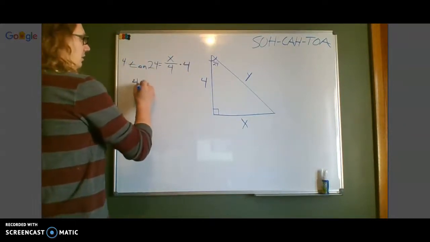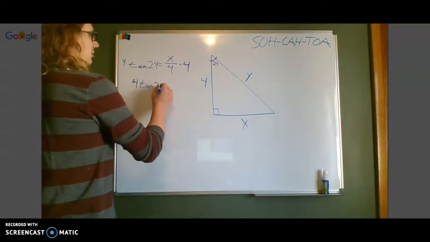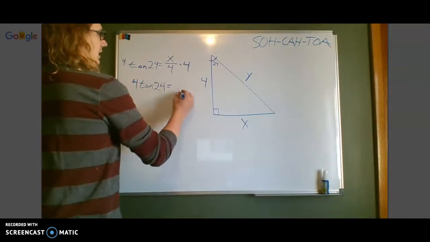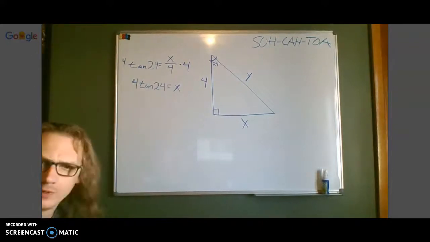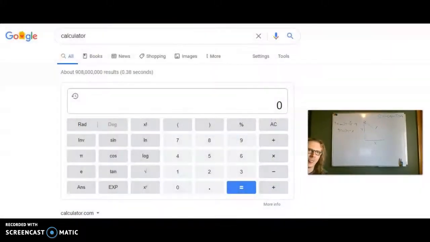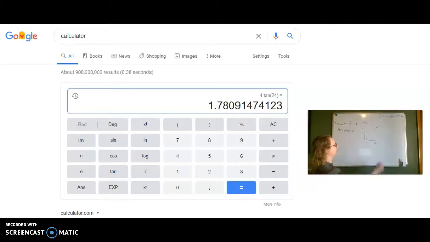So 4 tangent of 24 equals x. Now that I've got x by itself, we can zip on over to our calculators, which we're going to make sure are in degrees, otherwise we're going to get incorrect answers. And we need 4 tan of 24. 1.78. Rounded to the nearest hundredth is still 1.78.